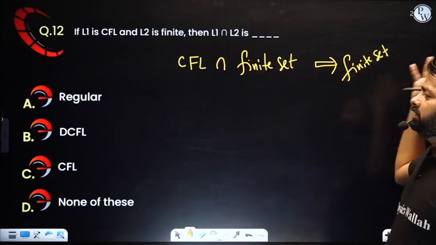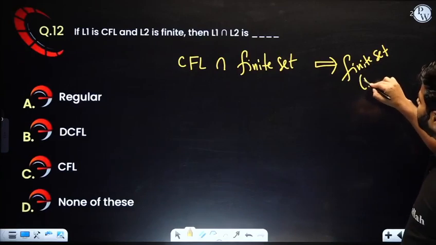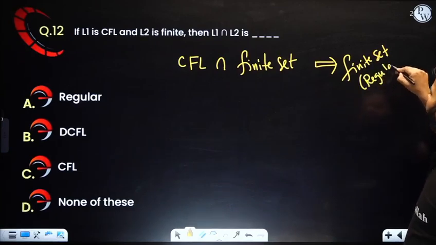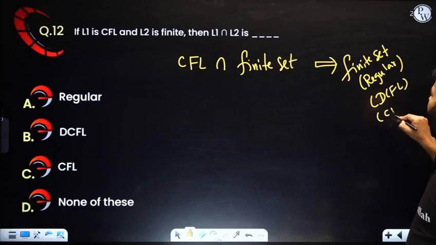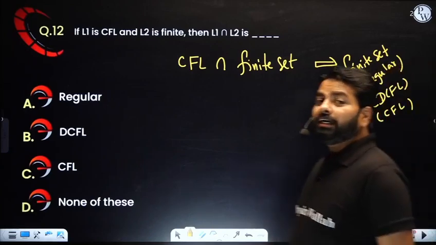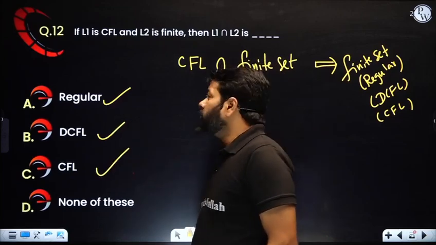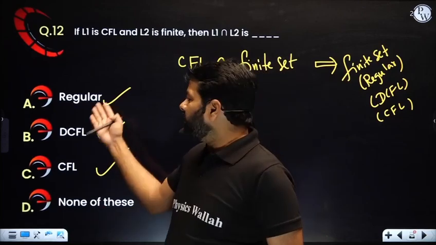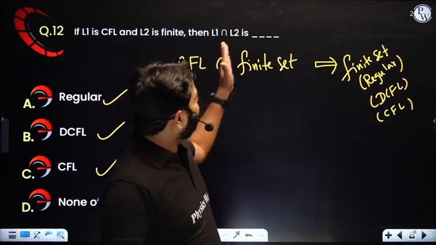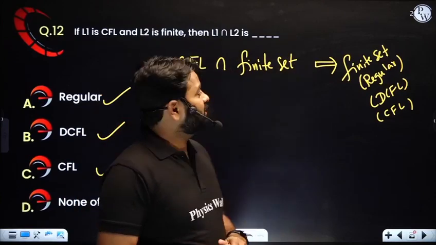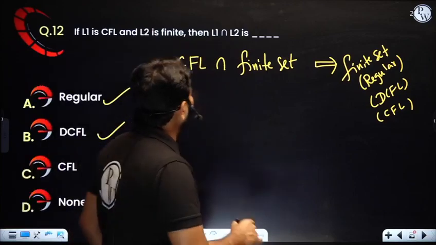When it is finite, can I say it is always regular? When it is regular, it is always DCFL. When it is DCFL, it is always CFL. So all these answers are correct. As it is a finite language, every finite language is regular, DCFL, CFL. You are talking about one direction only, so definitely correct.